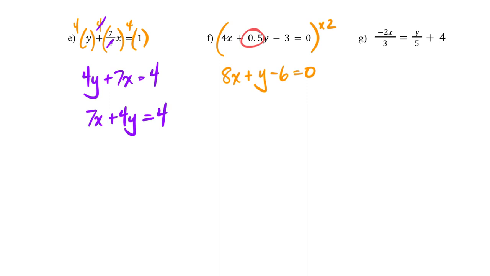Okay, I want to talk about why. The reason why multiplying by 2 worked is because if I change my decimal into a fraction, then my 0.5y is really 1/2 y. And I hope everybody can see why multiplying by 2 would work on my y term, because that would eliminate my divide by 2.